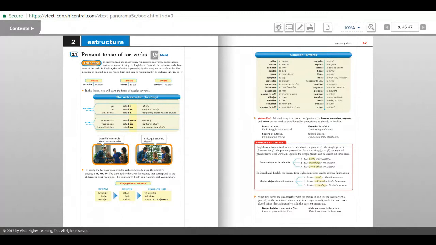The nice thing is the list on page 47, all of those verbs change the same way for each subject, okay? And what I like to do when I am conjugating these verbs is to have a kind of formula for that.